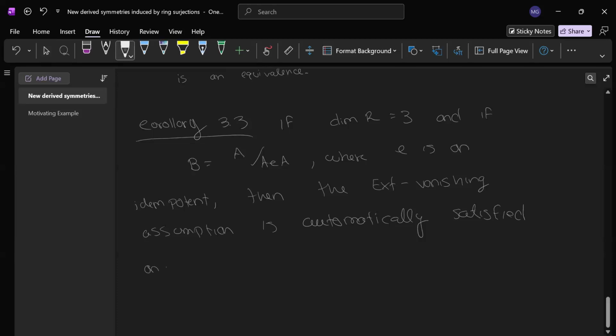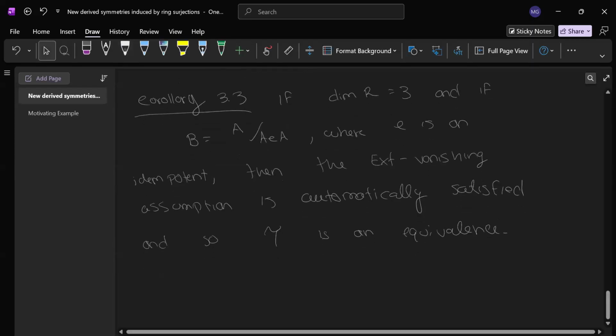So this curly functor T is an equivalence. And this is especially interesting to us because we can get a lot of interesting examples in geometry within this setting.